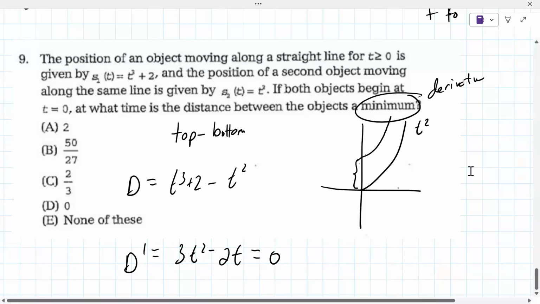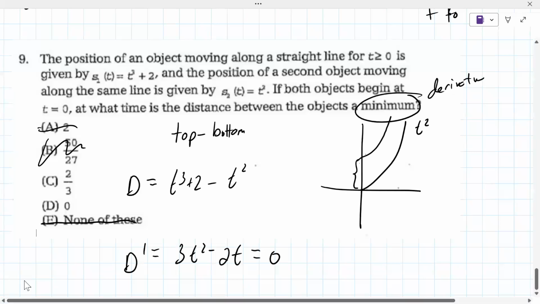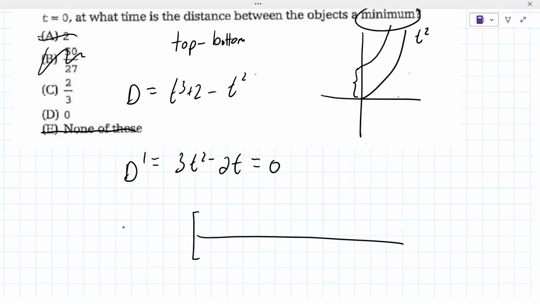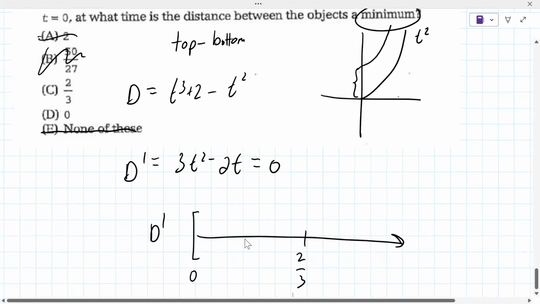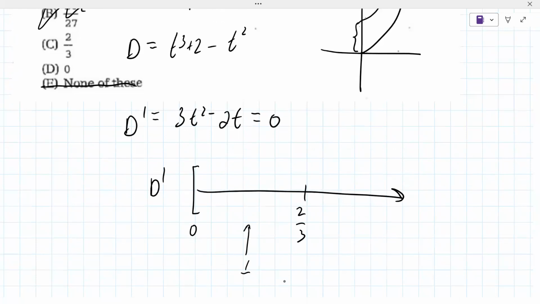Okay, so now how do we decide which one it is? You want to generally draw a number line here. There's 0, there's 2/3, and you want to get the signs right. You want to test points in the derivative. So maybe like 1/3 and 1.